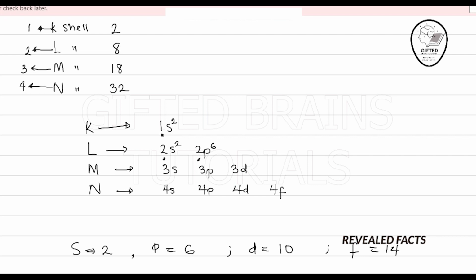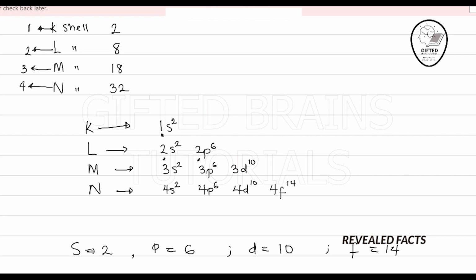So you see why we have 2 electrons in the s, 6 in the p, and 10 in the d. So 2 plus 6 plus 10 gives us 18. The same thing for N. N has 4s, 4p, 4d, and 4f. So we have 2 electrons in s, 6 in p, 10 in d, and 14 in f. If you sum this up, you get 32.